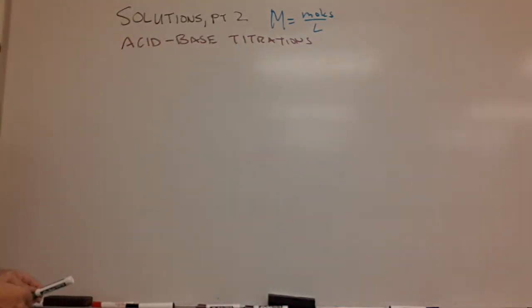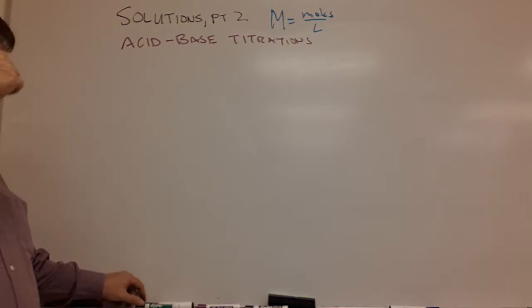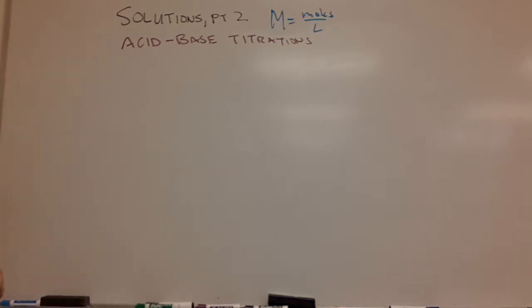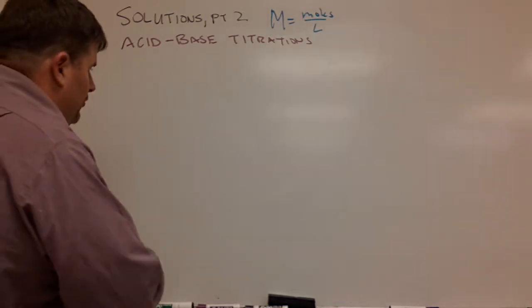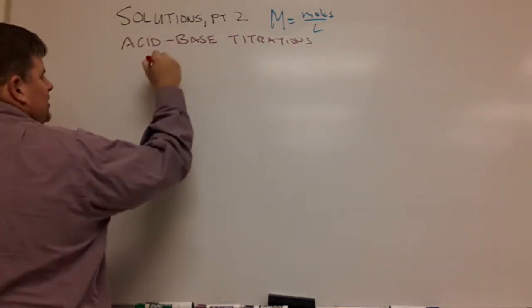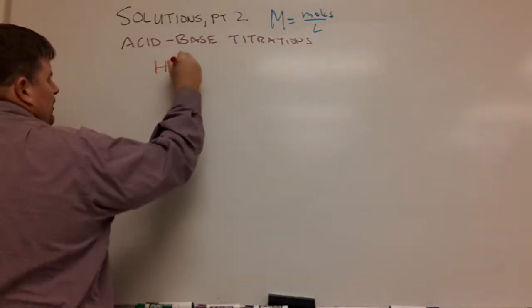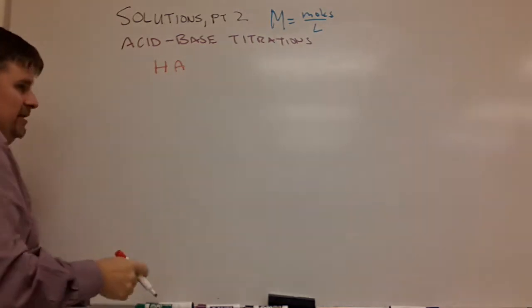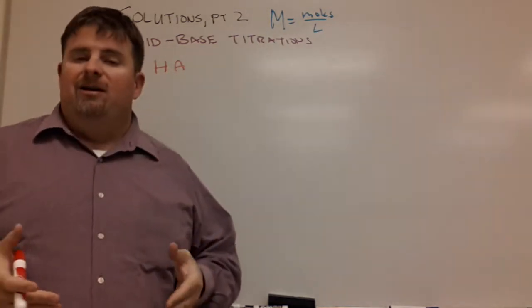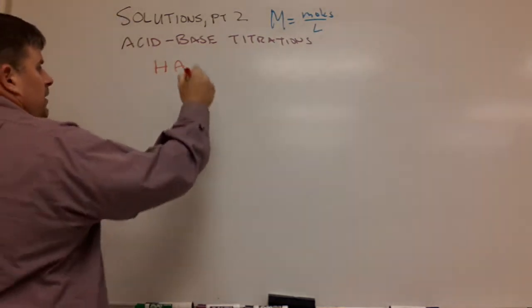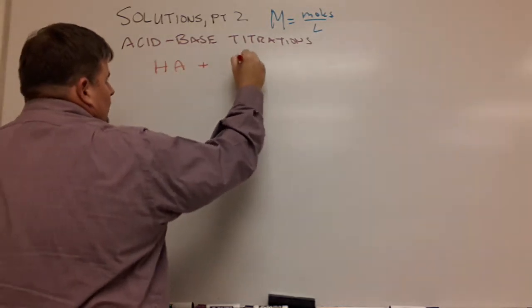So let's review a little bit of what an acid-base titration is. The general overall reaction of an acid-base titration is I've got some sort of acid, and it's represented as HA because it usually leads the molecular formula with an H. And that is going to react with some sort of base.